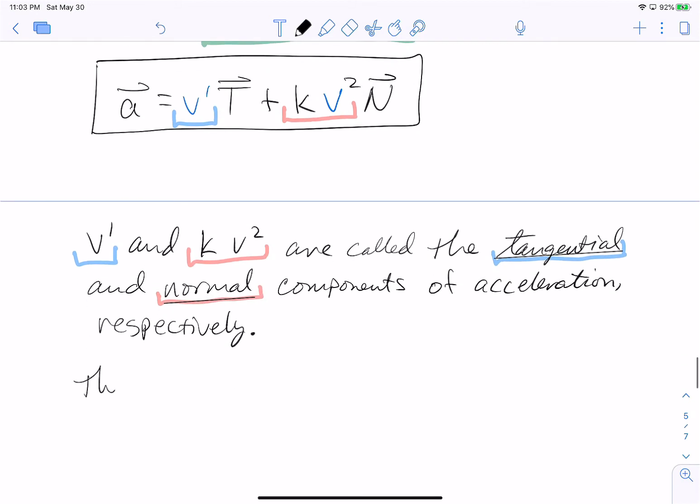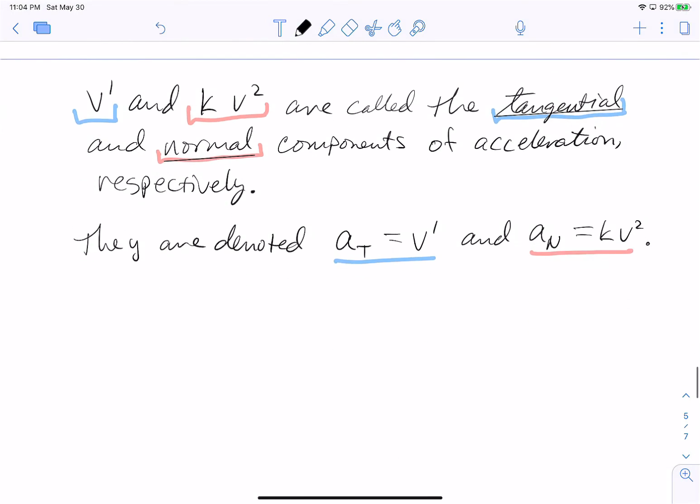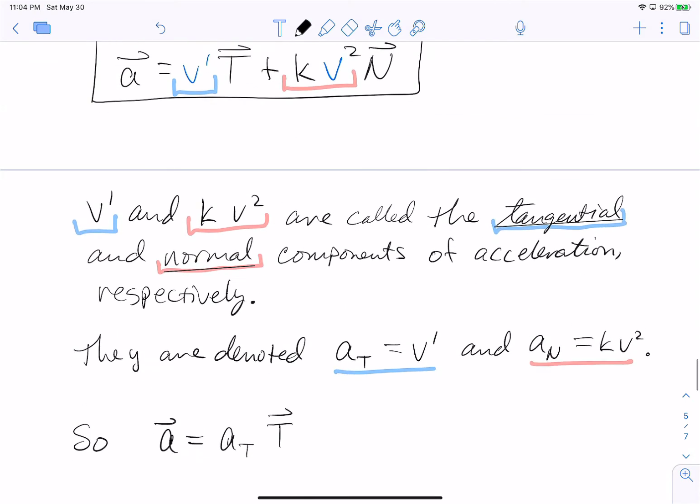And they are denoted a sub capital T is equal to v prime, and a sub capital N is equal to kappa v squared. With this notation, we can write that the vector a is equal to a sub T times T plus a sub N times N.